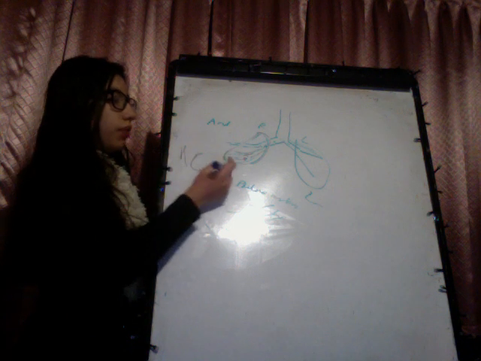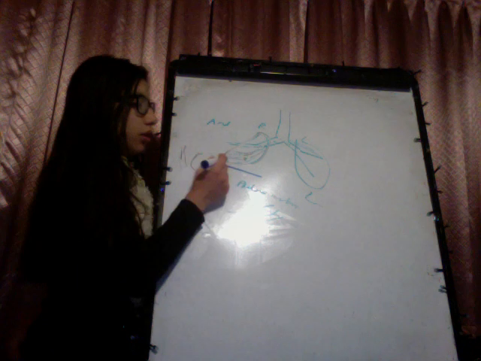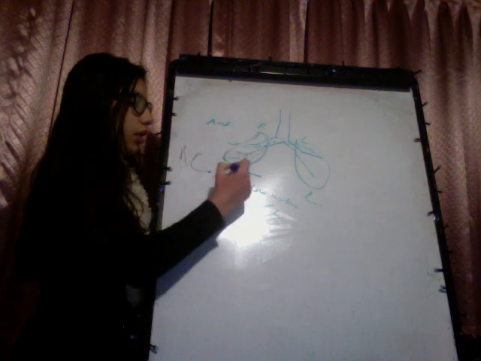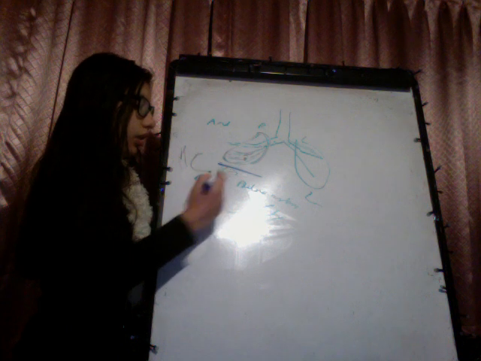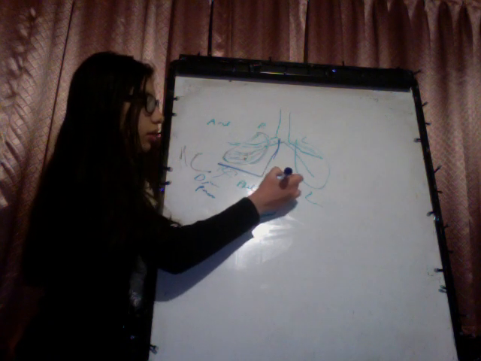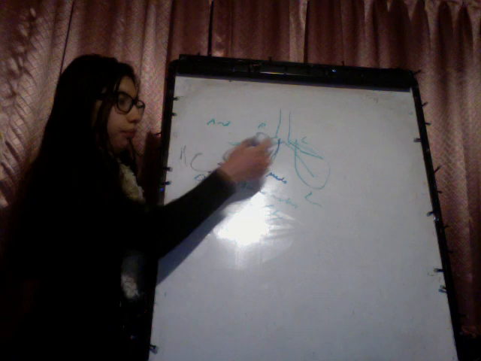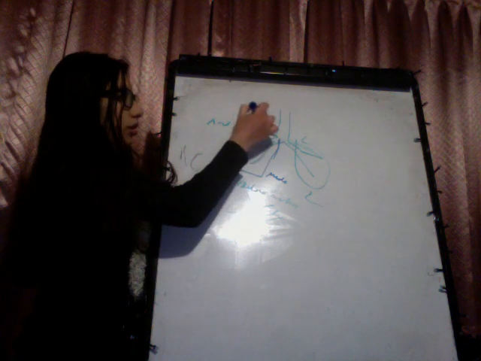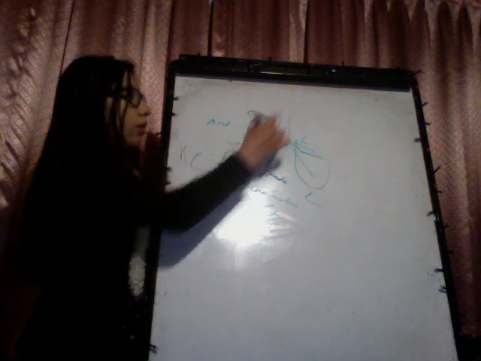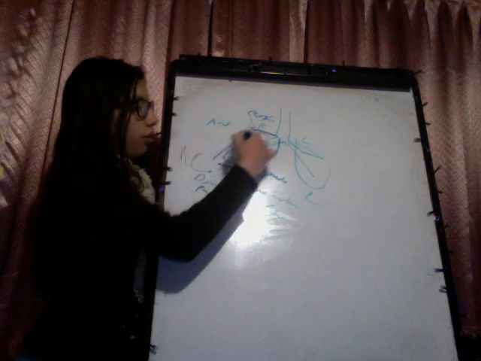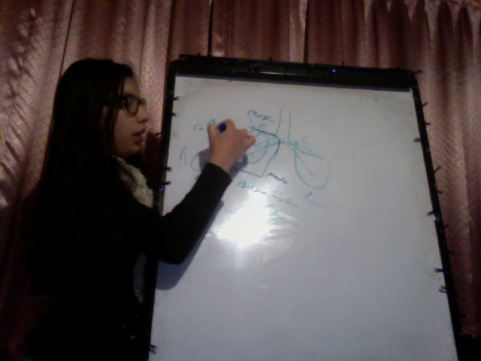The walls could be the diaphragm, so we have the diaphragmatic part of the parietal pleura. Then here is the mediastinal or central part of the parietal pleura. Here is the cervical part of the parietal pleura, and here is the costal part of the parietal pleura.